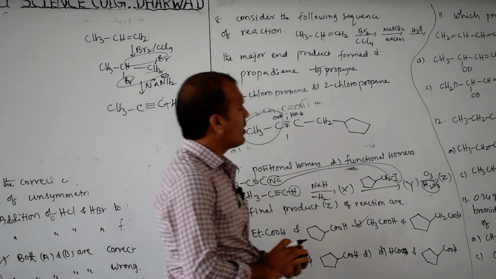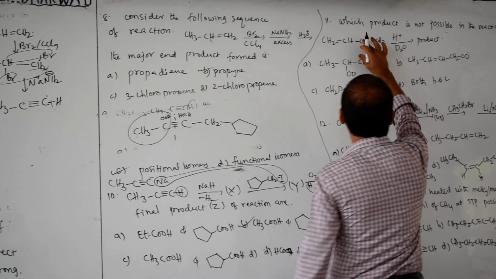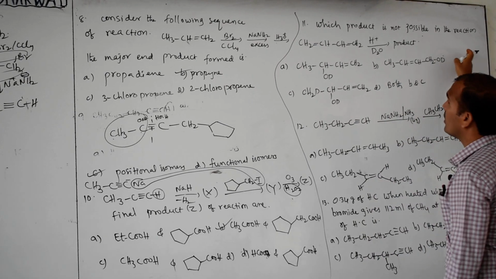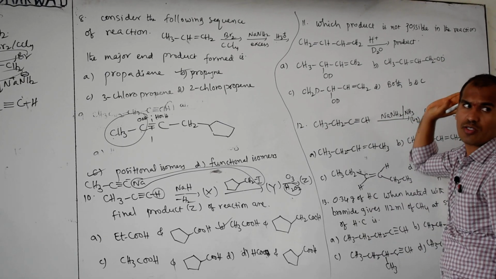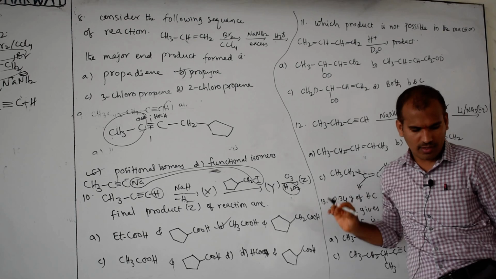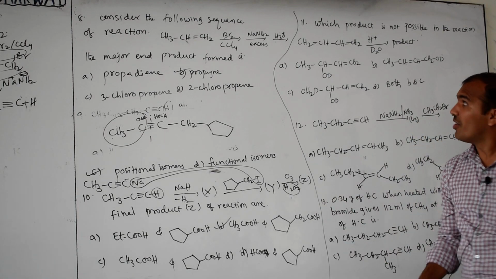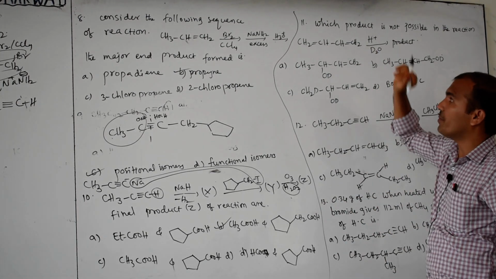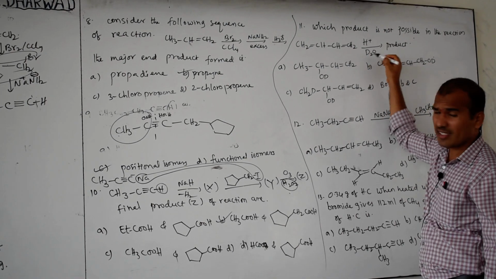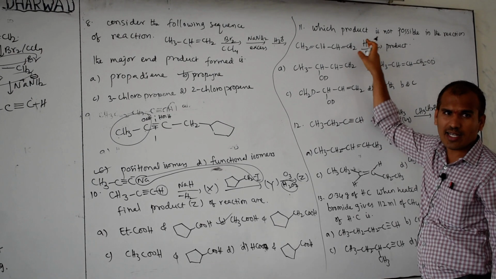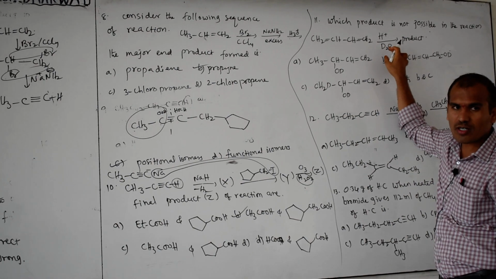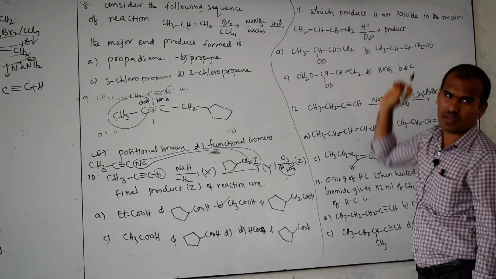Clear? Next. Which product is not possible in the reaction? See, here H plus is there. It means acid catalyzed with water, but water is not there here. Deuterium is there.